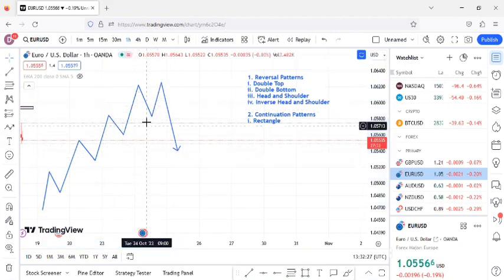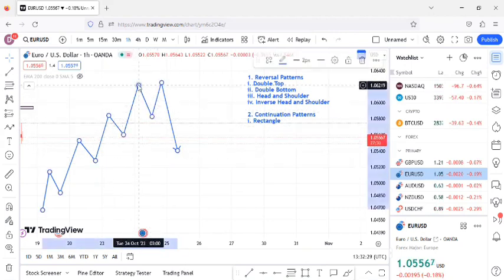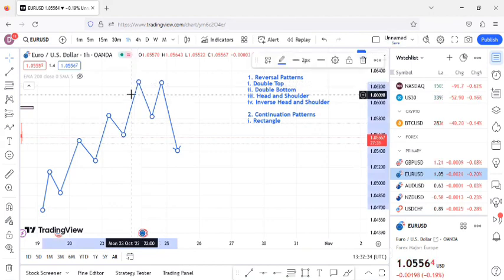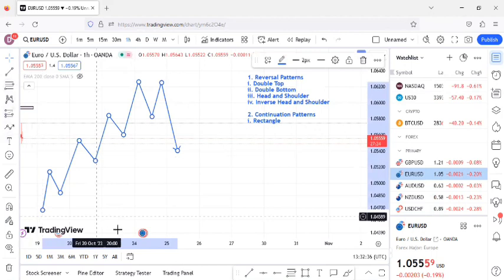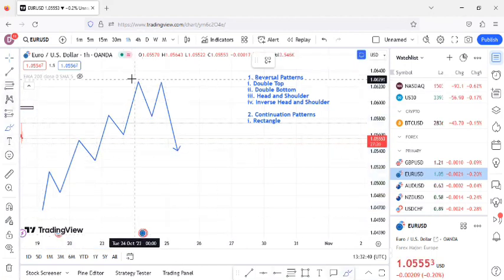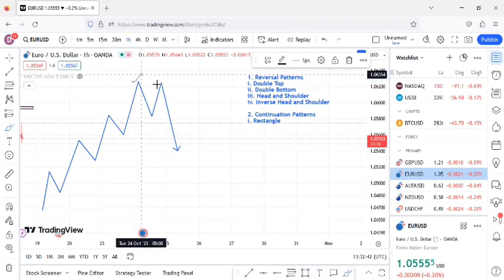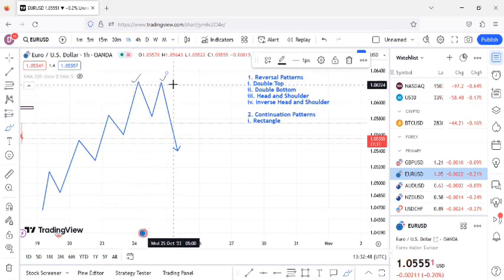That is double top here. That is, you have the first touch here. Here's my marker. Here you have a first touch, second touch at the top of a trend.